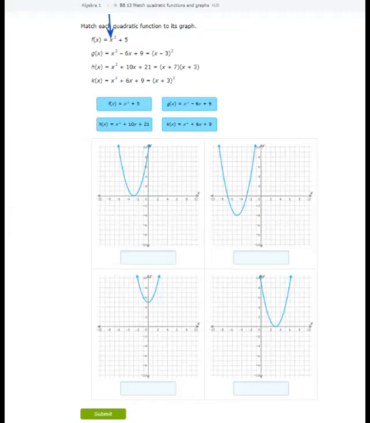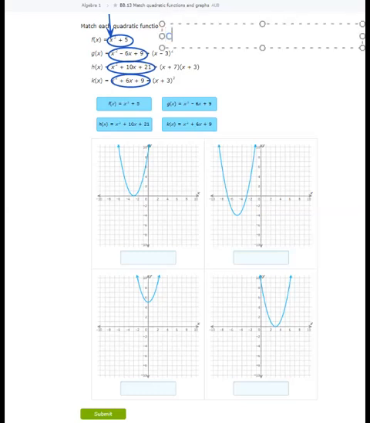This first one is already in standard form, so we can see that our C is 5. Our standard form is here for the second one for g of x, and we can see our C is 9. For h of x, here's our standard form, and for k, here's our standard form. So let's go ahead and mark up those C's. So again, we said C was equal to 5 for the first one.